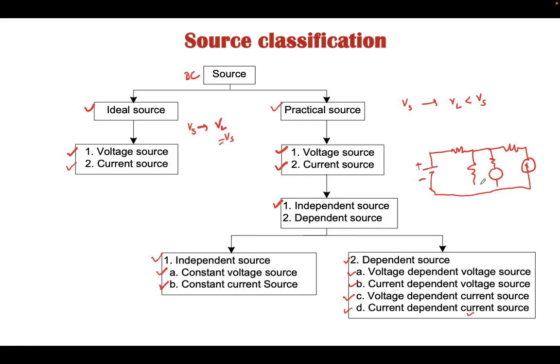Dependent sources are represented by a diamond. A current source is always represented in a diamond with an arrow. The generalized representation of a voltage source is plus minus, whereas in the case of a current source, there is an arrow inside it.